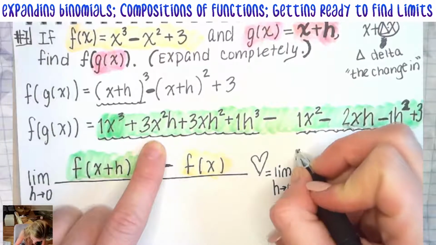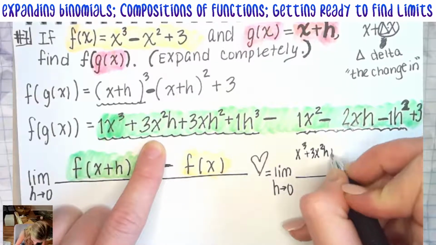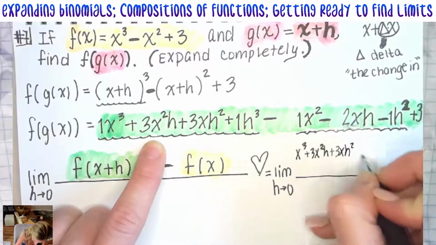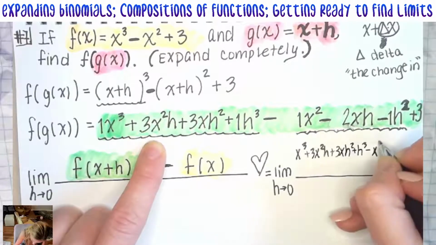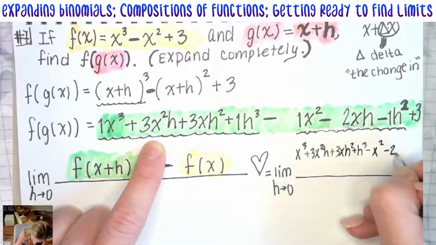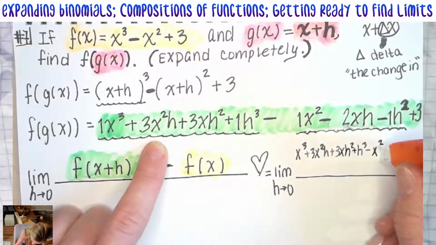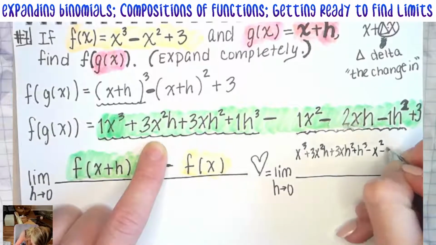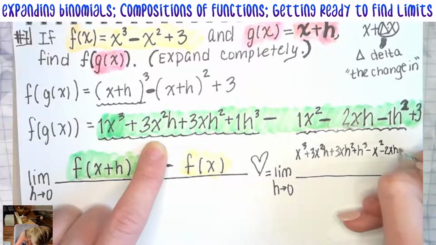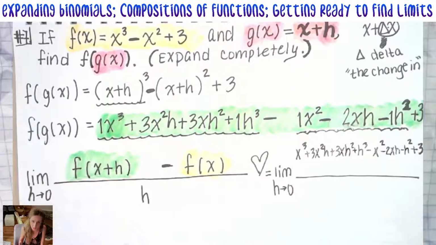I'm going to squeeze this, but x to the third plus 3x squared h plus 3xh squared plus h to the third minus x squared minus 2xh minus h squared plus 3. Okay, that was the whole green part.